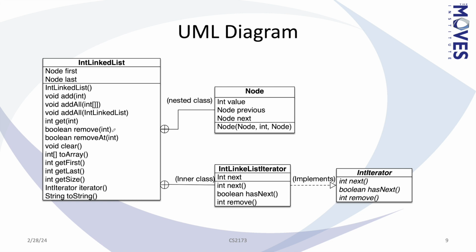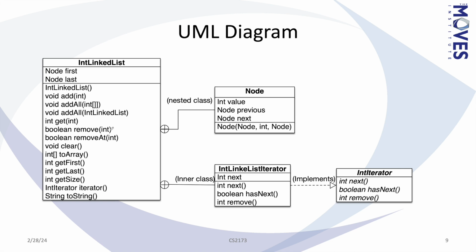Now, if I'm not iterating, I should be able to remove, so I need two of them. One is remove a particular value. With Java's lists that can hold integers, there's a little bit of ambiguity there.